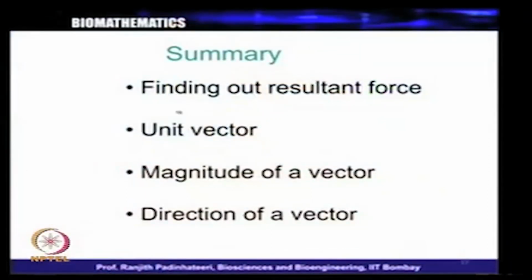So, three ideas from vector algebra we learned, and we learned how to calculate the force. Essentially the summary is this: we learned finding the resultant force, we learned what a unit vector is, we learned the magnitude of a vector, and that the unit vector represents the direction of a vector.